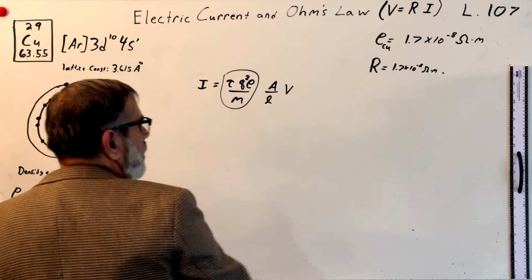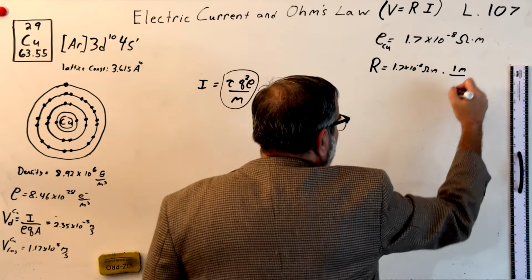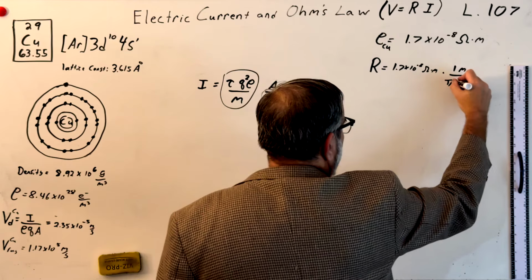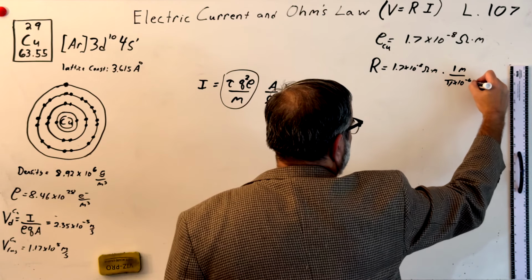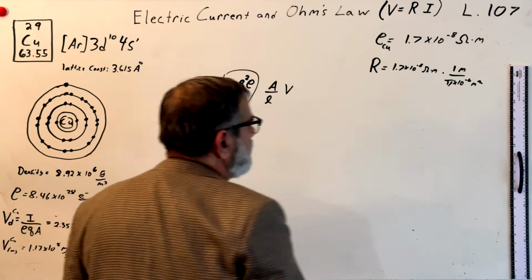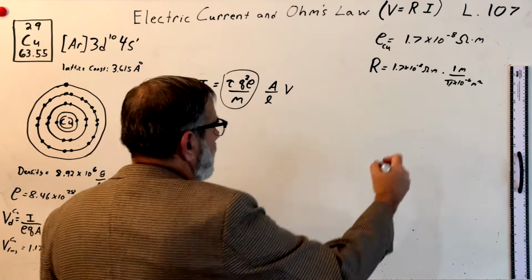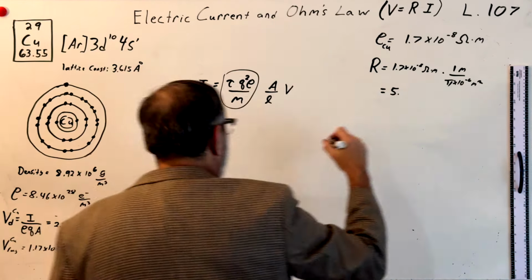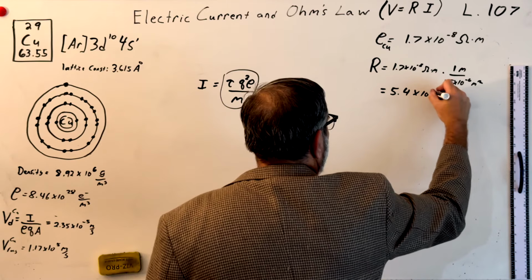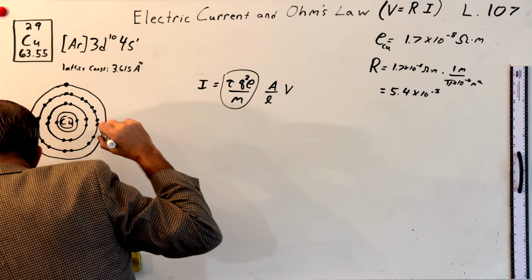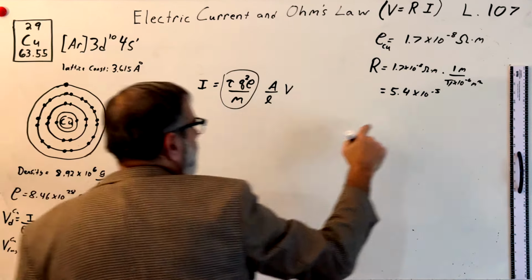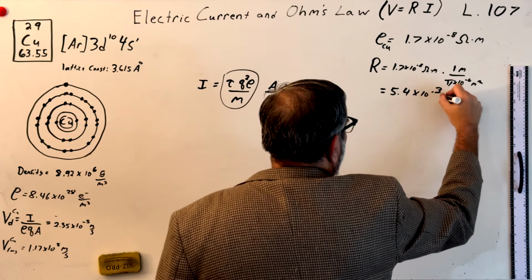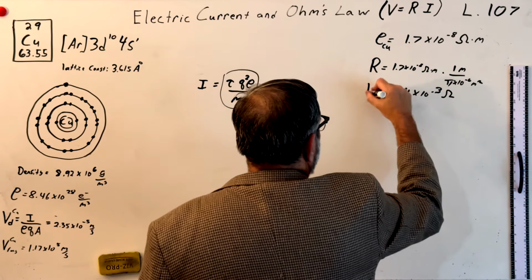We'll say 1 meter, and the area is going to be pi times 10 to the minus 6 meters squared. And so that's going to give us, in the end, a resistance of 5.4 times 10 to the minus 3 ohms. Okay? So there's our R value.